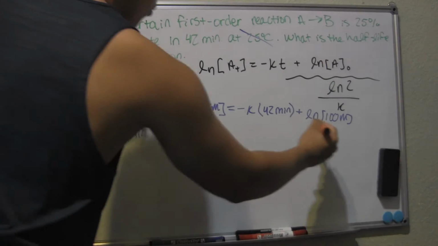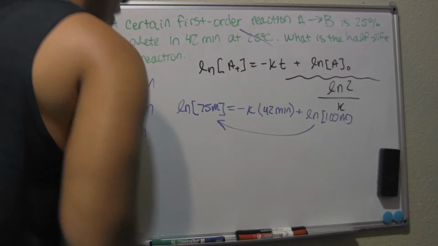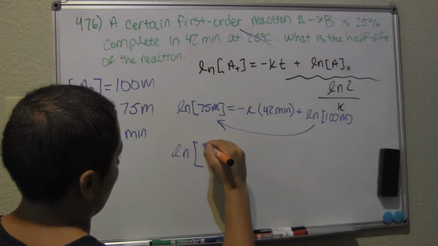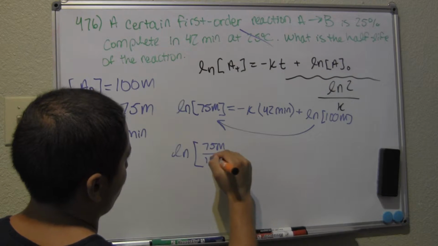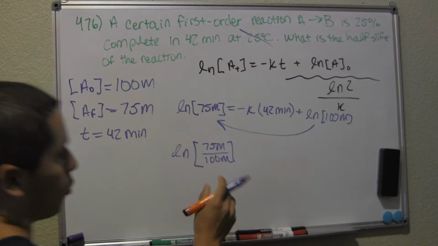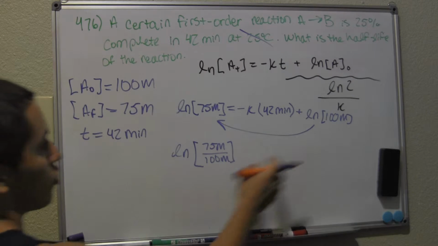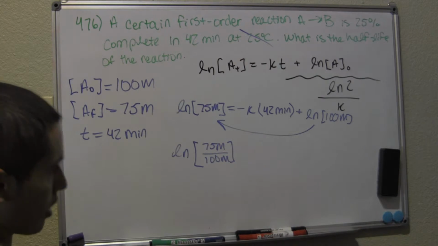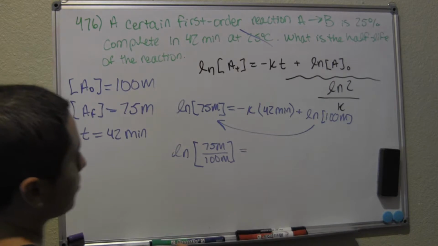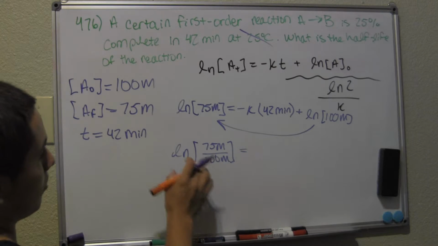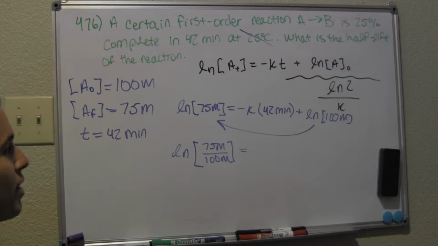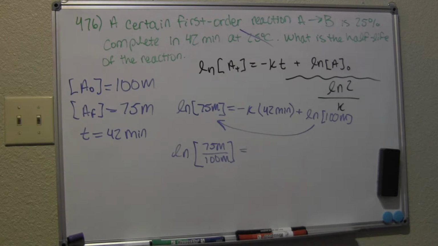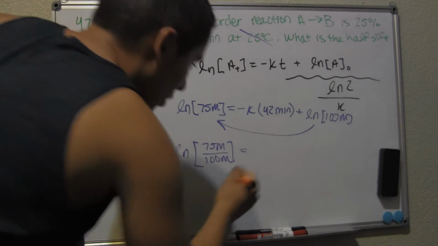The first thing we should do is move this ln to the other side of the equation, so we have the ln of 75 molar over 100 molar. By the way, this is just a property of ln: when you subtract one ln from the other, you can write it as a quotient, which makes it easier to plug into your calculator. Ln of 75 over 100 is the same as ln of 75 minus ln of 100, in case you want to check for yourself. But let's get on with the problem.